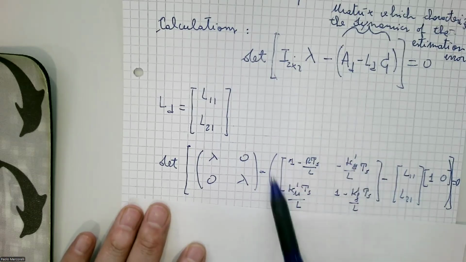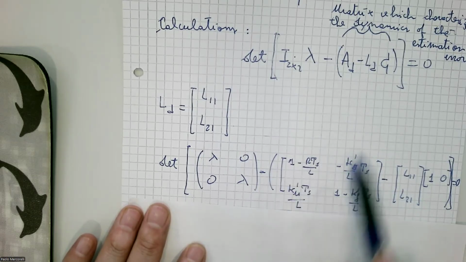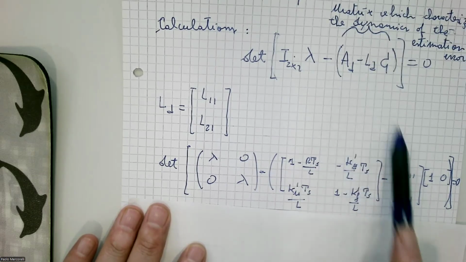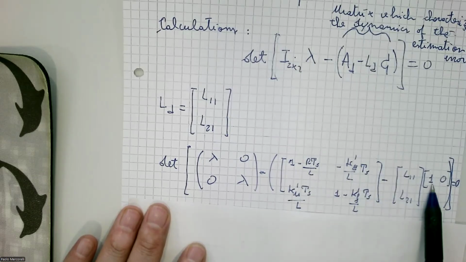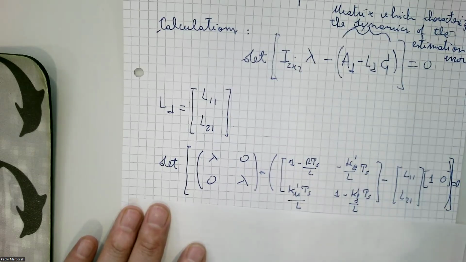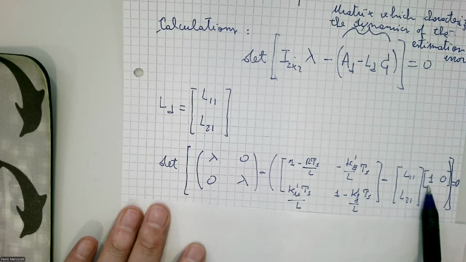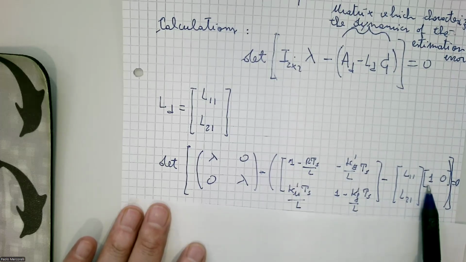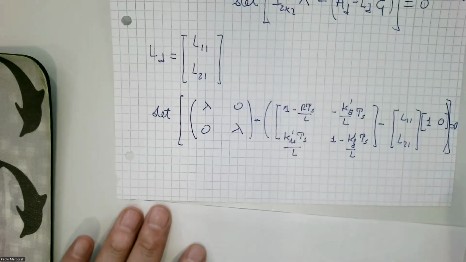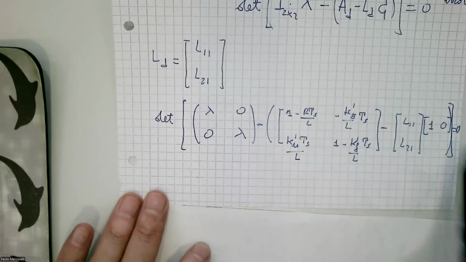Then AD we calculated before. Do you remember? AD we calculated before. Minus LD in a column, which multiplies the matrix 1, 0, which is the matrix C, which maps the output, or the state, better to say, which I measure. I measure the current, the first state, in accordance with our description of the model. This is basically the implementation of this equation.